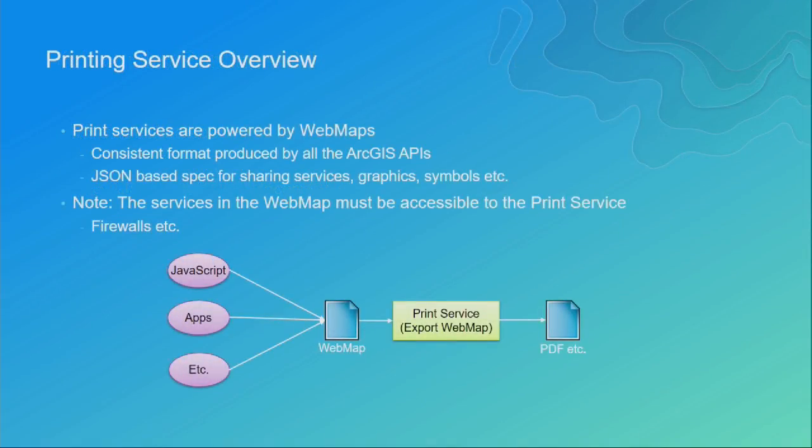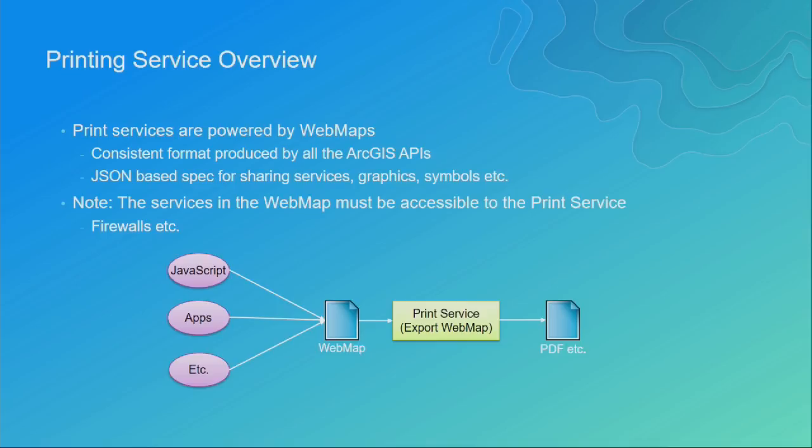So print services are powered by web maps. That's a consistent format that all of our APIs use and produce. It's a JSON spec that has the symbols, the services being rendered, and can have additional graphics and things like that. We package up the web map specification as a JSON string and pass that to the print service.